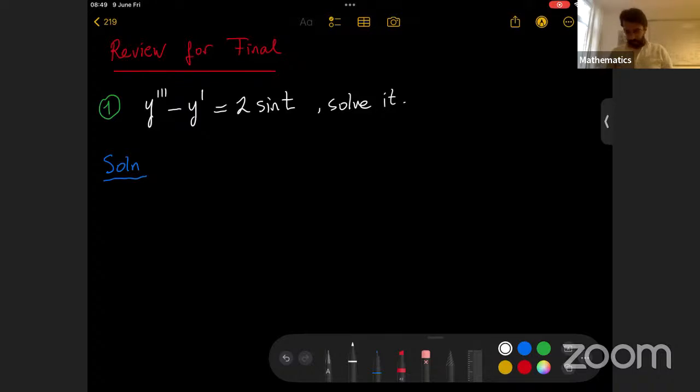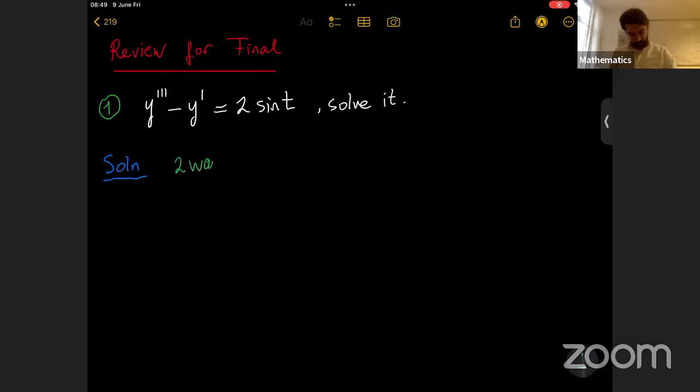Maybe let's try both to get the result here. Two ways to solve it. First, let's try undetermined coefficients.